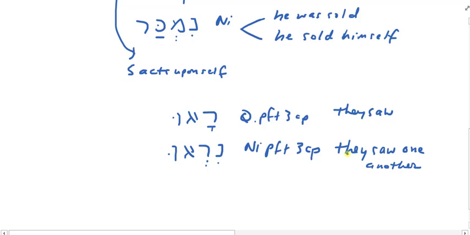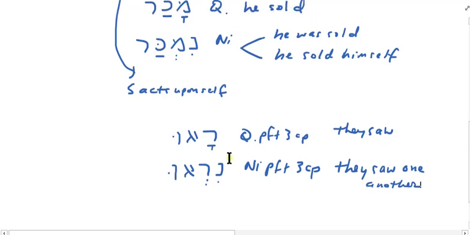Each other means 2 people, and one another in English is supposed to be more than 2 people. Okay, so anyhow, the nifal is used for reciprocal action as well. Okay? Nir'u could also be they were seen. It could have just merely passive meaning. And again, you need to know what your context is to know what's the best way to translate it. All right.